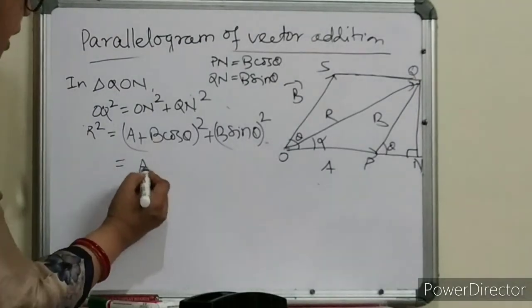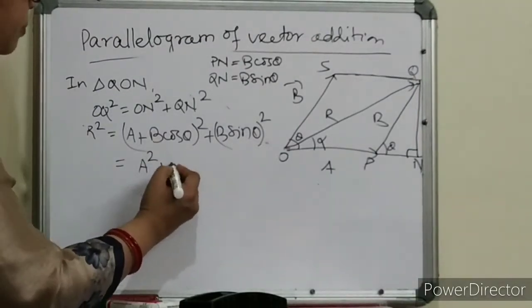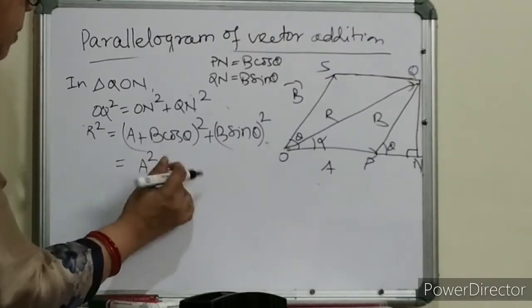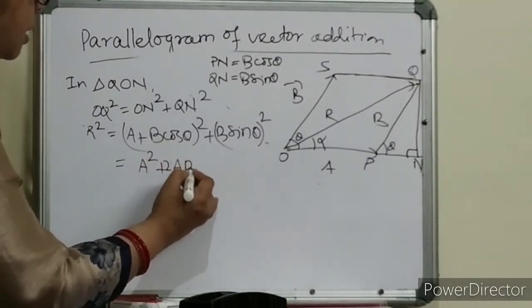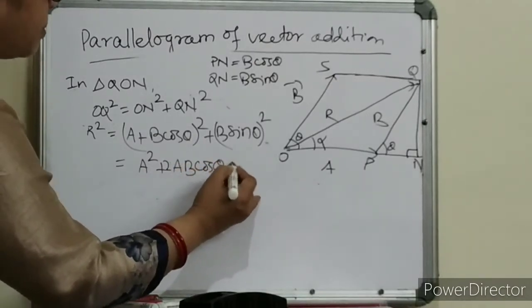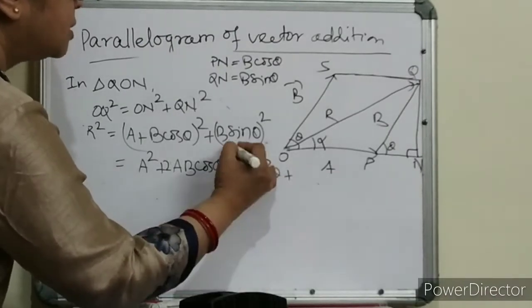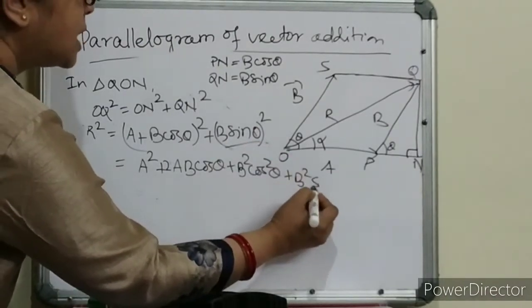So it is A plus B cos theta whole square, which gives A square plus 2AB cos theta plus B square cos square theta, plus B square sin square theta, children.